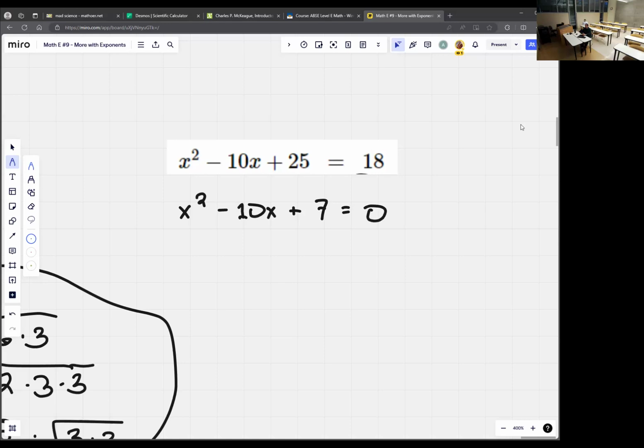So what two numbers multiply to be 7 and add up to negative 10? The only factors of 7 are 1 and 7. So this isn't going to work. There's nothing nice to factor. I don't have anything friendly to put in here. 7 and 1 don't do it.